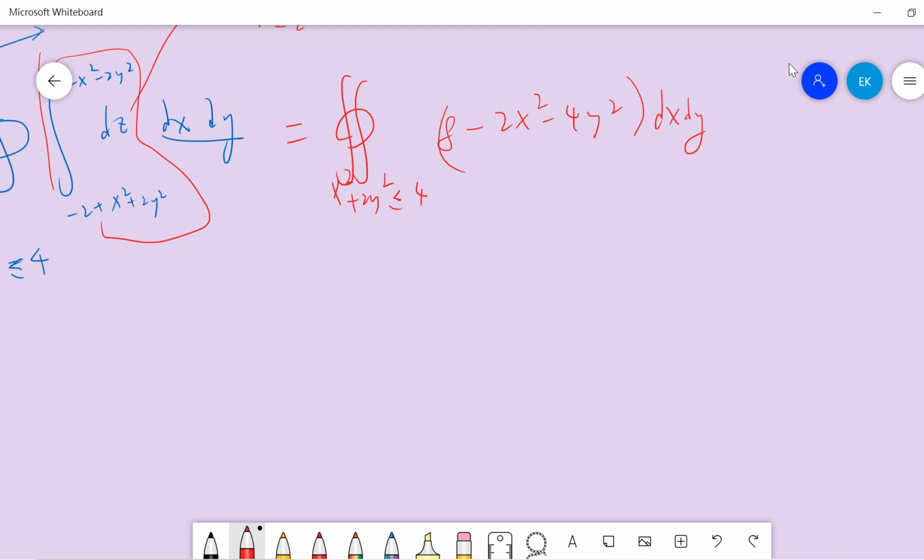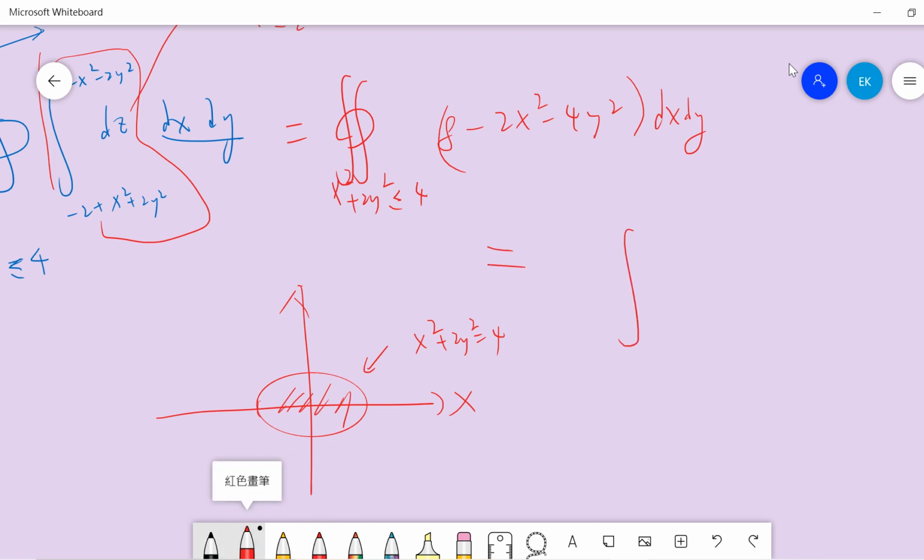And we need to write down the region. Let me see. Right, so this is x squared plus 2y squared equal to 4, and this is the area we need to solve. So this can be solved for y in terms of x, right? You have two curves.